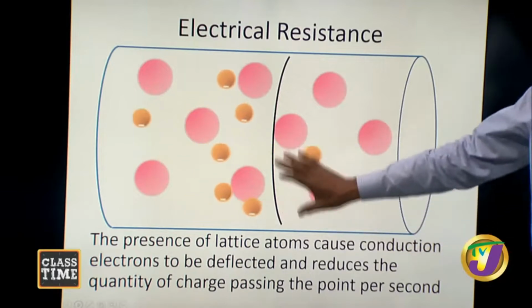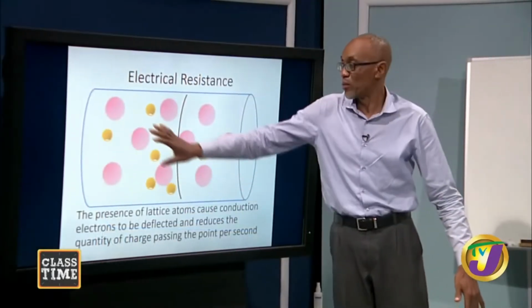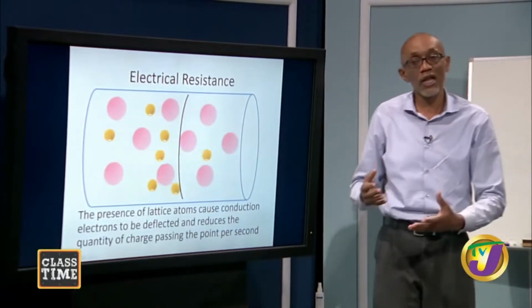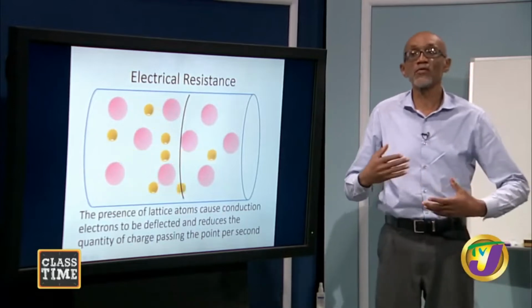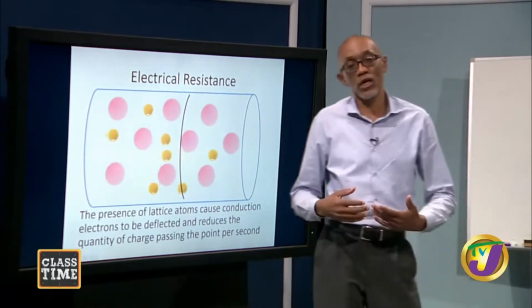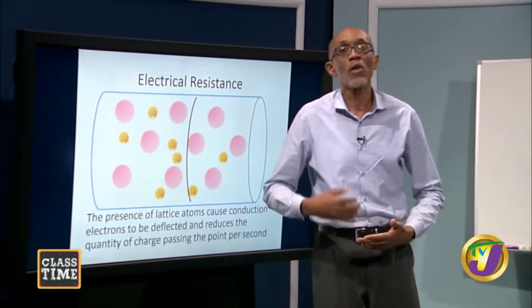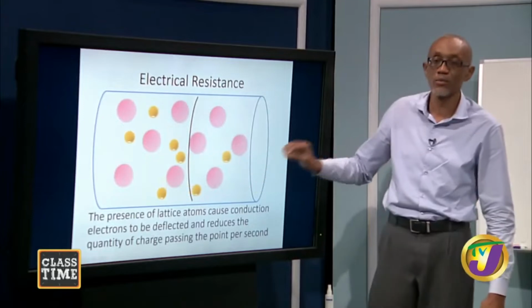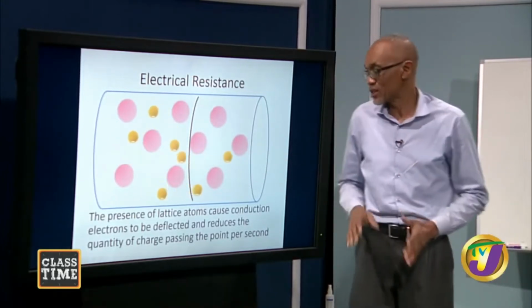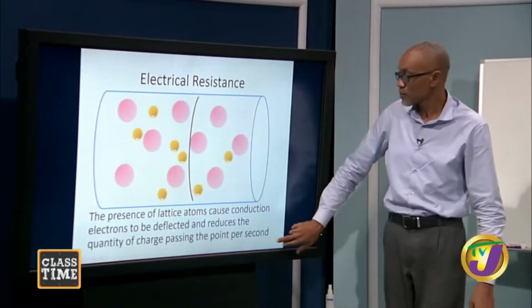As this is repeated, only 2 electrons flow past the point because the others are colliding with the lattice atoms. This phenomenon of the number of electrons flowing past a particular point being reduced because of collisions with the lattice atoms is called resistance. That is what resistance is all about.